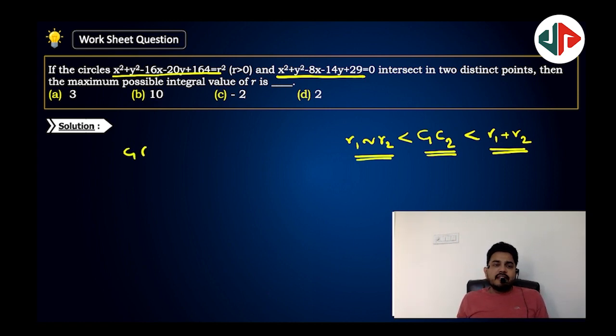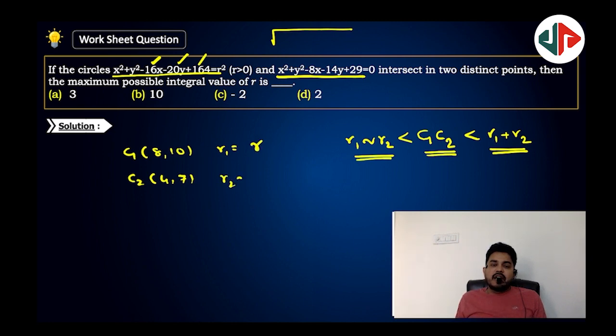Here C1 is (8, 10), C2 is (4, 7). What is the R1 actually? R1 you calculate: root over 8 square plus 10 square, that gives 164 minus 164, which cancels. So R1 is 6.